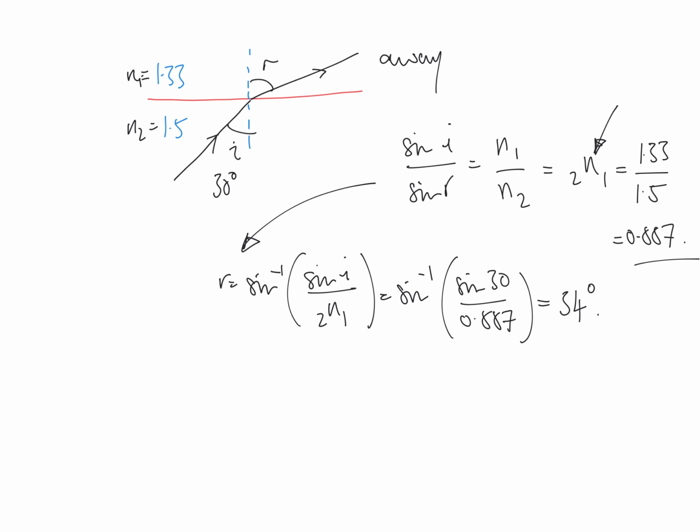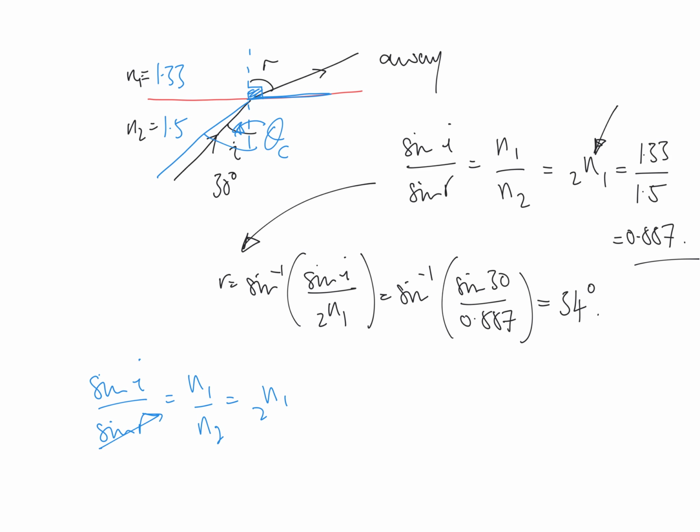Okay, let's remind ourselves of the critical angle. How does the critical angle work? The critical angle happens when this moves to a position that the refracted beam is at 90 degrees, and this we call the critical angle. So let's do it again. Sine i over sine r equals n1 over n2, which is the same as 1n2.